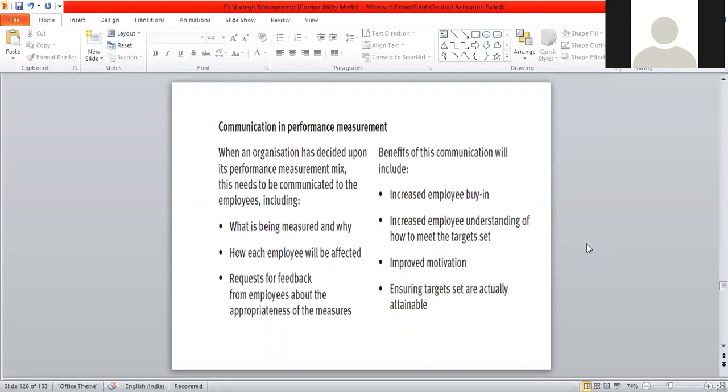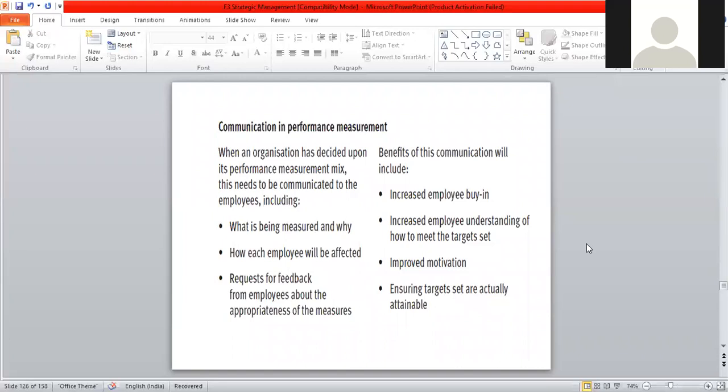So here, if a performance measurement system is adopted in an organization, it has to be communicated to the employees of the organization, so that they have clarity in terms of what they have to achieve. How are they going to be evaluated, what measurement metrics are being followed, what is being measured and why, how each employee will be affected, should be communicated to the employees.